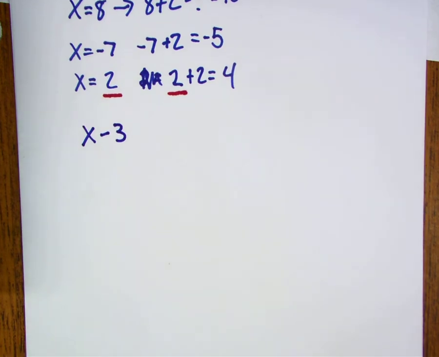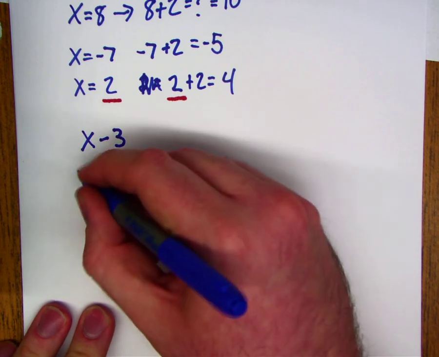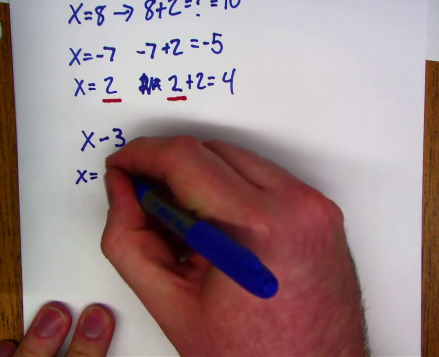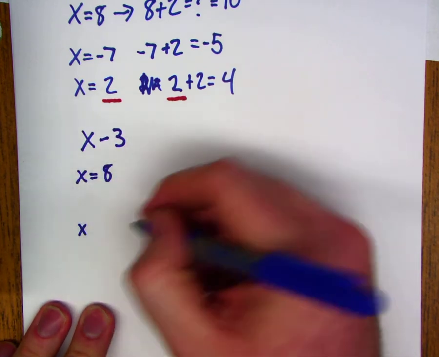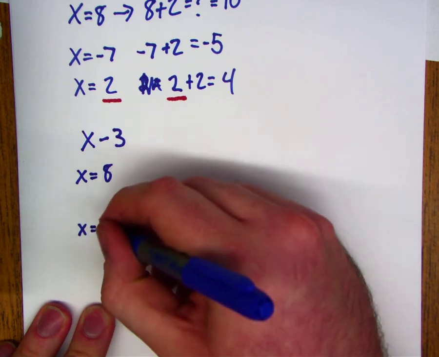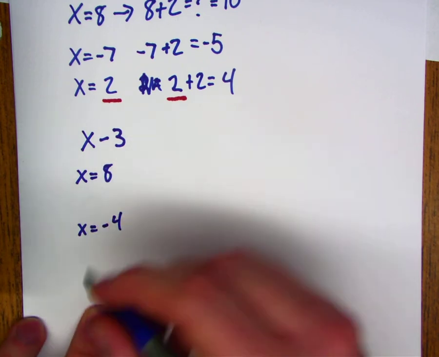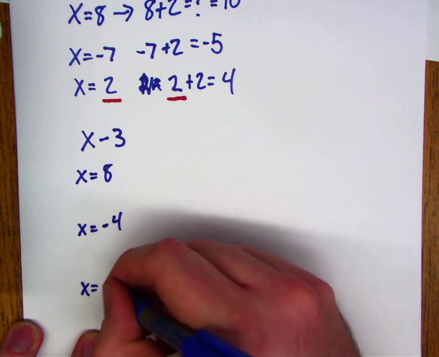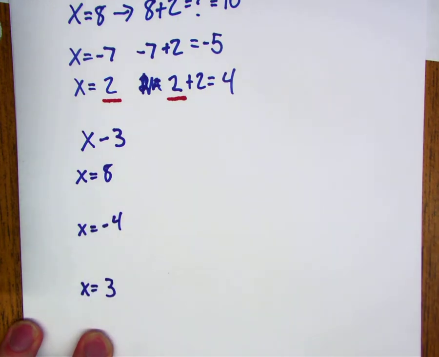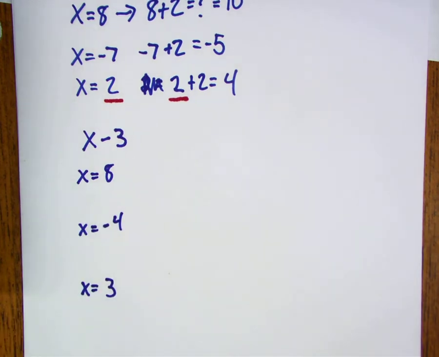I want to know what happens when x equals 8, what happens when x is equal to negative 4, and what happens when x equals 3. Now I want you to pause the video. I want you to try this before I just show you what to do.